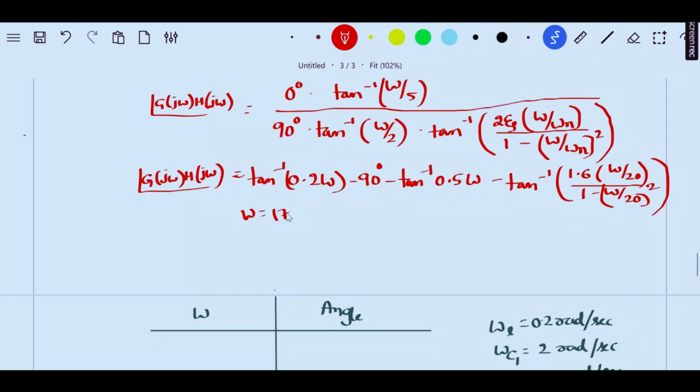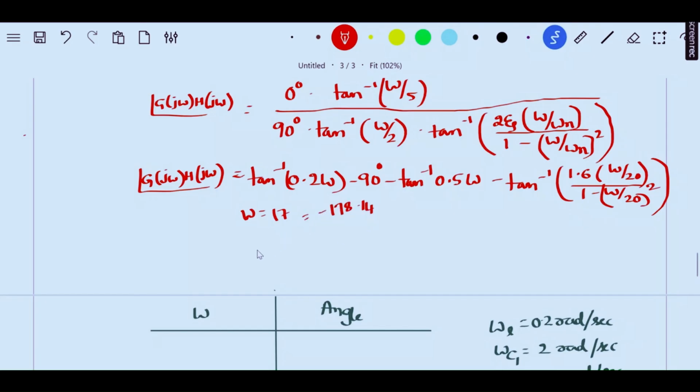and this whole thing divided by 1 minus (17 divided by 20) whole square, and then close the bracket. For 17, I am getting the angle minus 178.14.